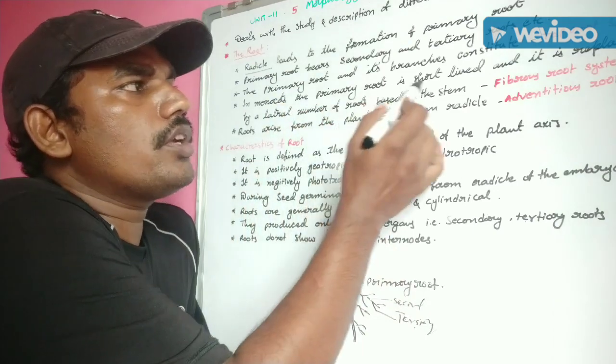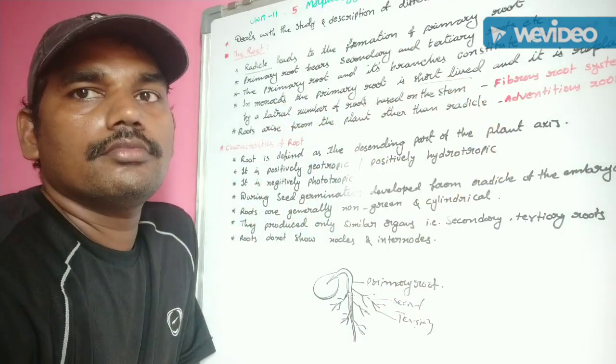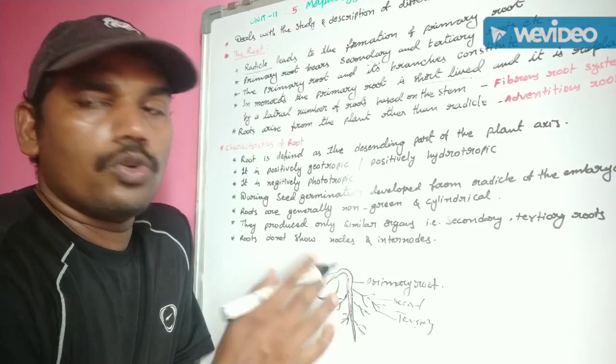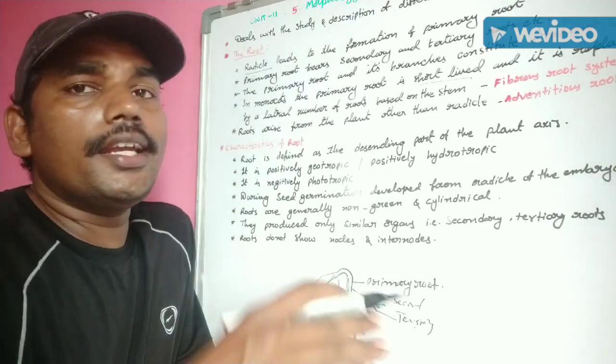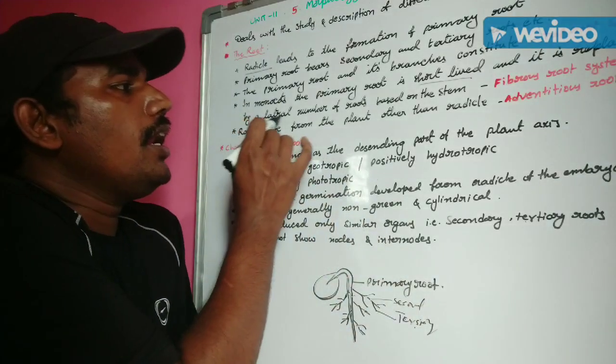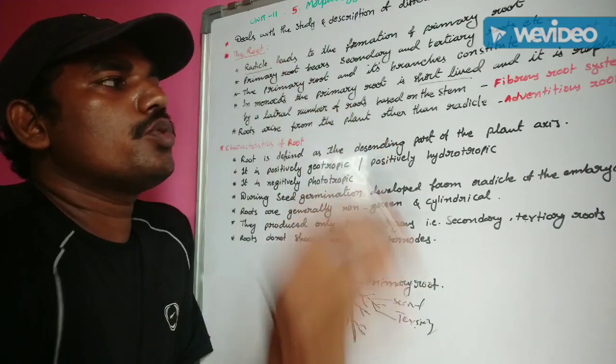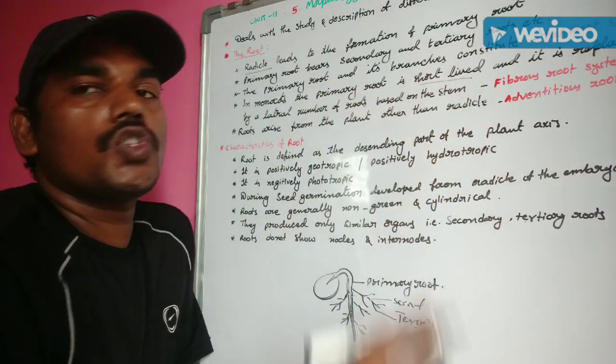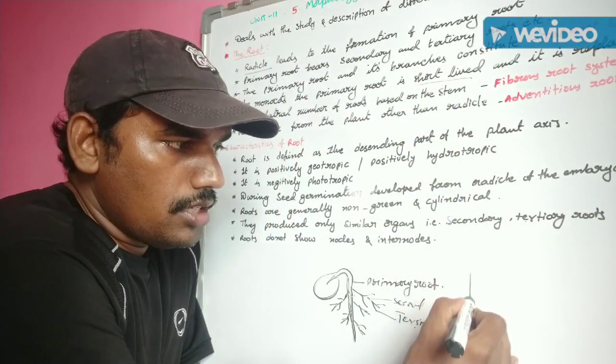In monocotyledons, the primary root is short-lived. This primary root is short-lived and it is replaced by numerous lateral roots based on the stem.